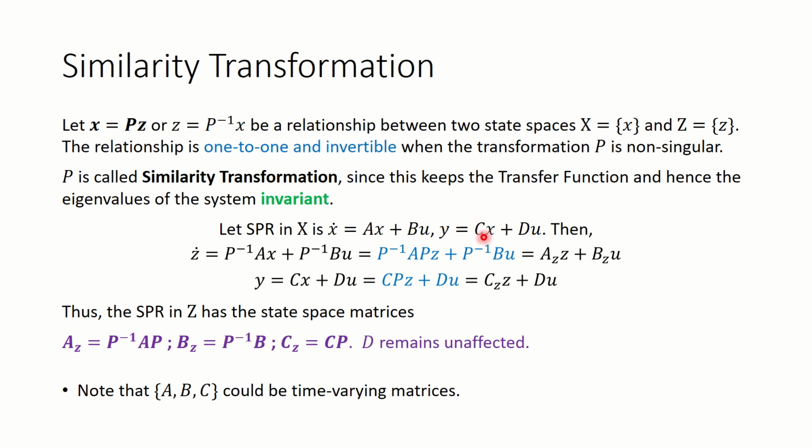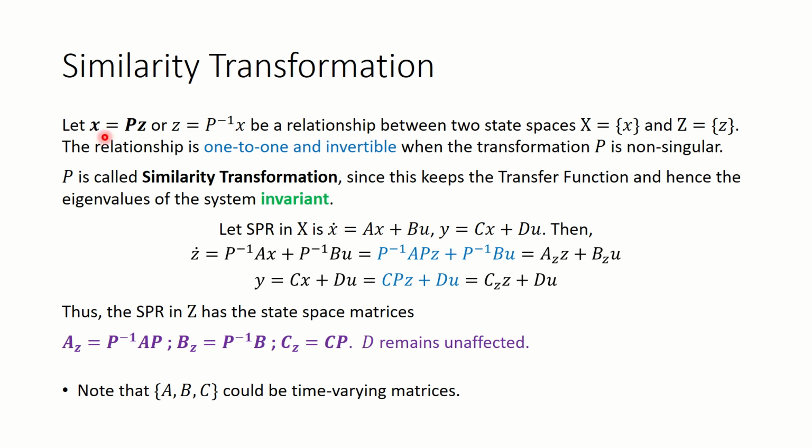So what we are trying to discuss here. So we have already noticed that we can have several state space representations of the same transfer function or the same system. So there must be a relationship between these state space representations. So that is what we are trying to talk about here.